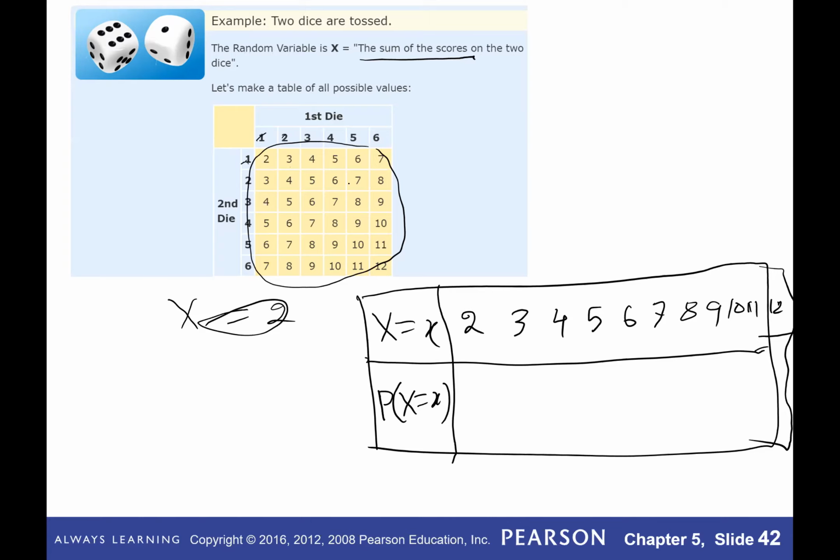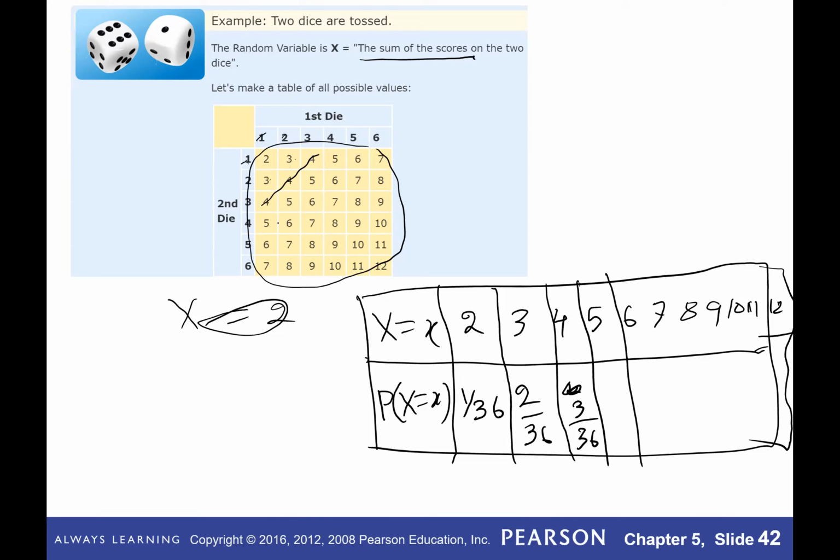In total, how many outcomes do we have? We have total 36. How many times do we have 2? Just 1, so it will be 1 over 36. For 3, how many times do we have 3? 1, 2. So it will be 2 over 36. And for 4, how many times do we have 4? We have 3 times. So it will be 3 over 36.